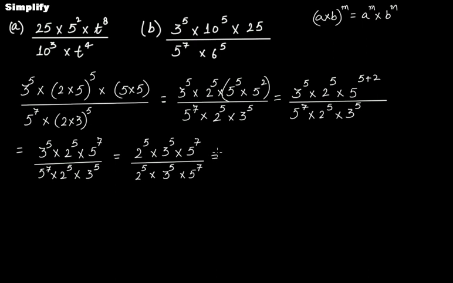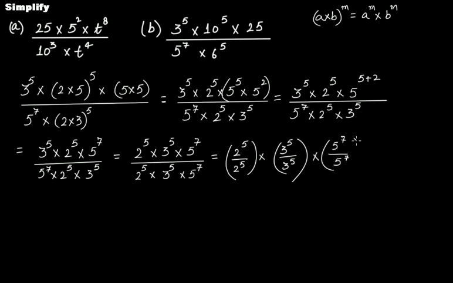Now this is 2 to the 5th power divided by 2 to the 5th power times 3 to the 5th power divided by 3 to the 5th power times 5 to the 7th power divided by 5 to the 7th power, right? This comes as 1, and this also comes as 1, and this is also 1. So your answer is 1.